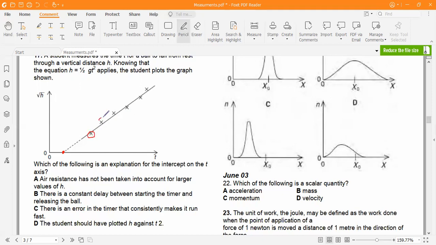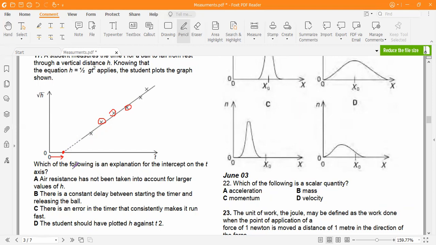Systematic error is the one that is consistent. Because of systematic error, all points that should be over here are all pushed to the right. Both of them are in the graph. This fluctuation is because of random errors, and this movement is because of systematic error.